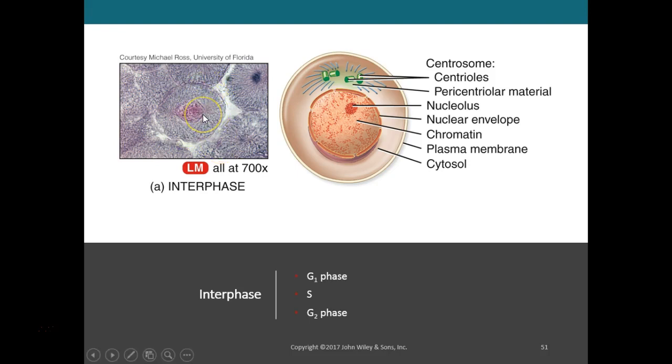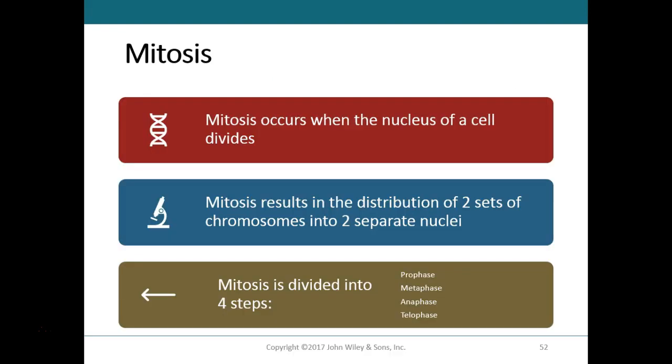So when you look for interphase, remember it's divided into the G1, S, and G2 phases. The nuclear envelope is still present, and the chromosomes are still all wadded up in the form of chromatin, not nice condensed chromosomes.